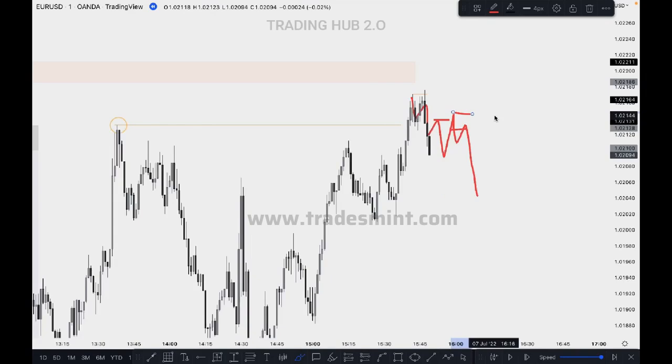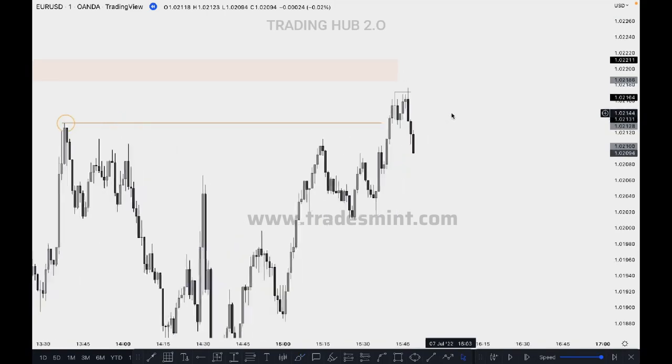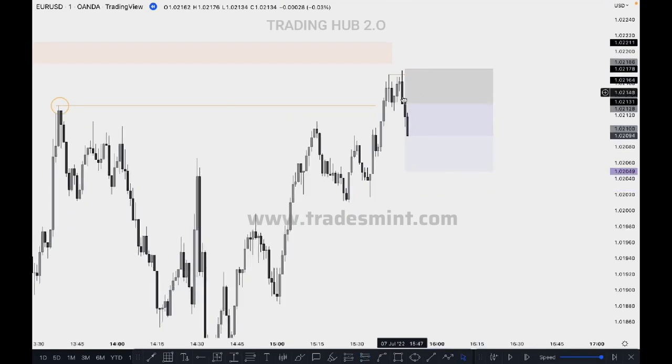But the market created a situation here: you can see price has taken out the high and closed below it, so you have to apply entry type 3. In this case, when the market closes below it, you can add another position here on the next candle open, with the stop loss just above it.